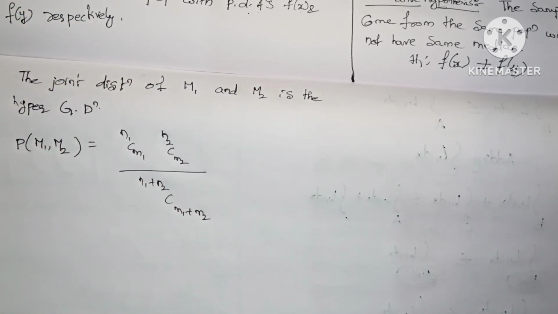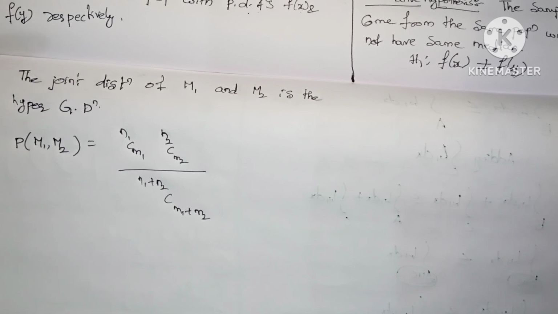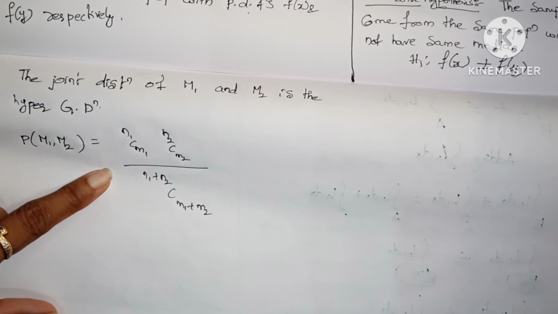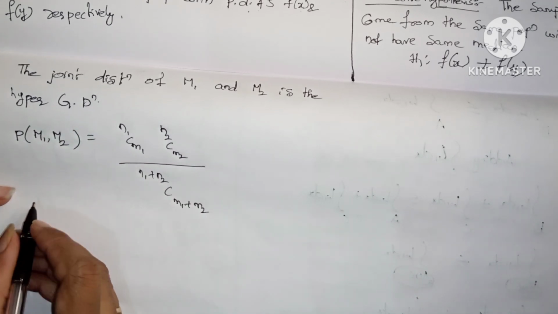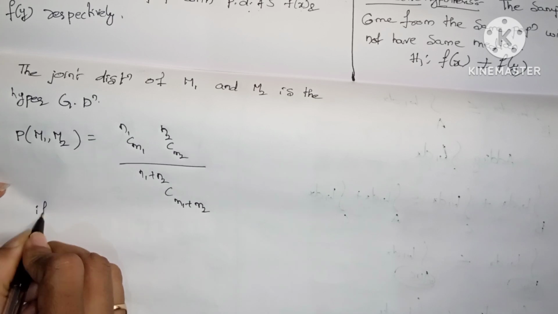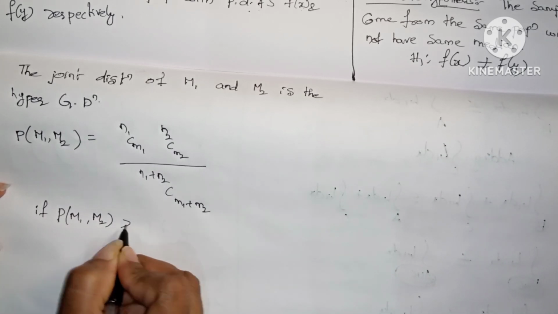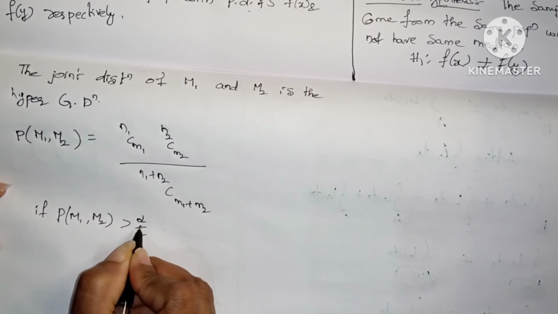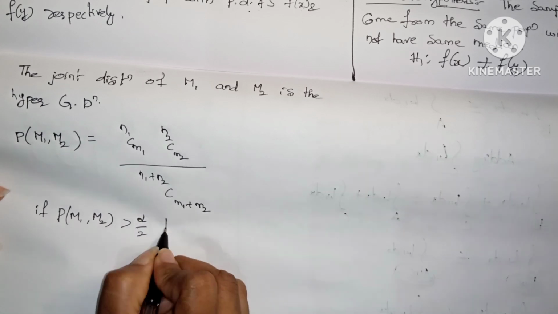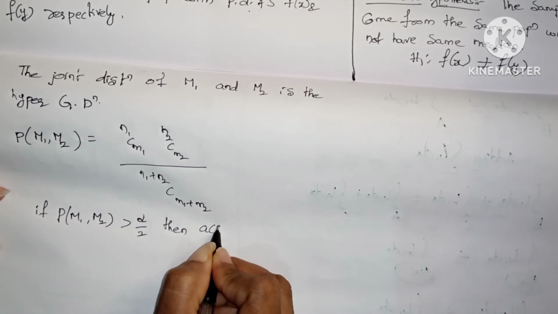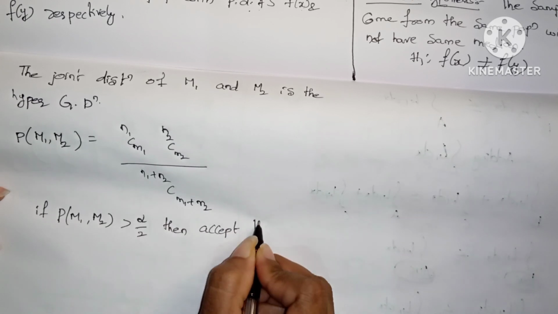In any formula, two functions are not included except geometric distributions. So that's why here the median test follows the geometric distribution. If P of m1 comma m2 is greater than alpha by 2, where alpha is the level of significance, then accept H naught.